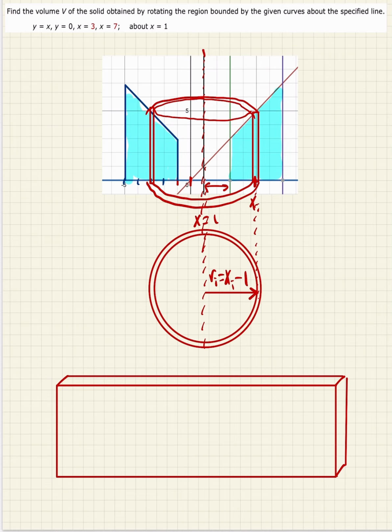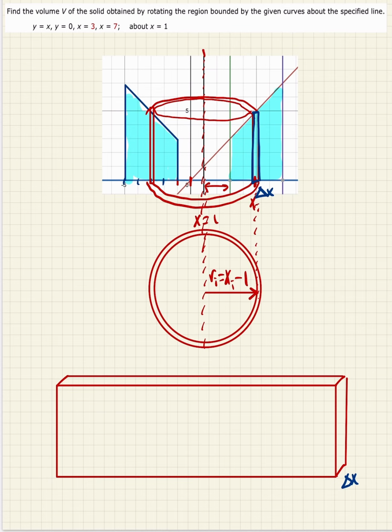Now what we need to do is match up the parts of our shell here with this rectangular volume when we crack it open. Something we need to think about is, since we made our representative rectangle vertical, it dictates that the thickness of that thing is delta x, which would be this dimension, the thickness of our rectangular figure.